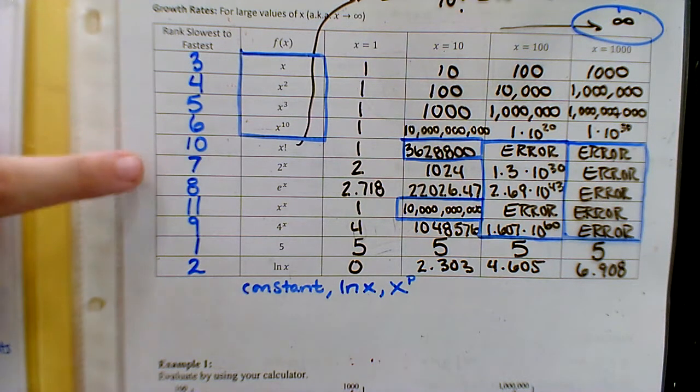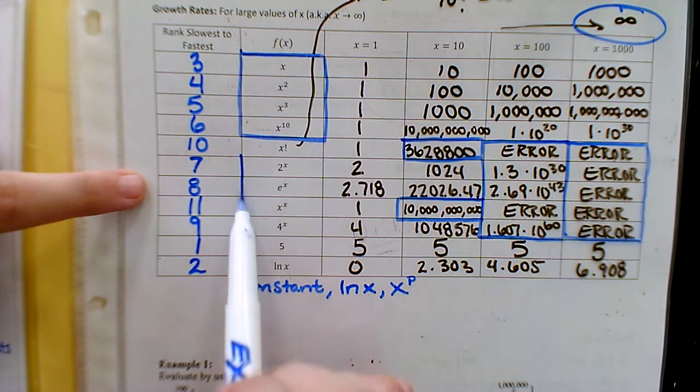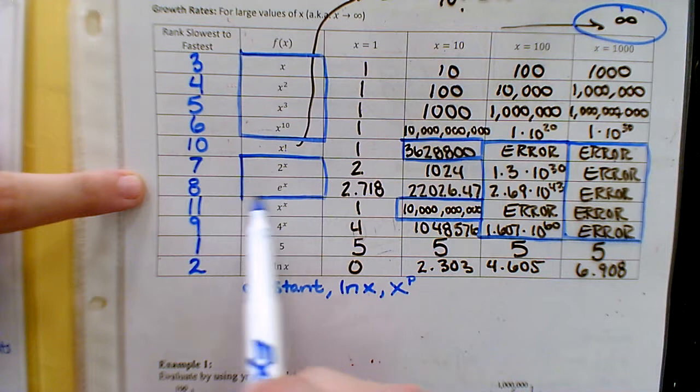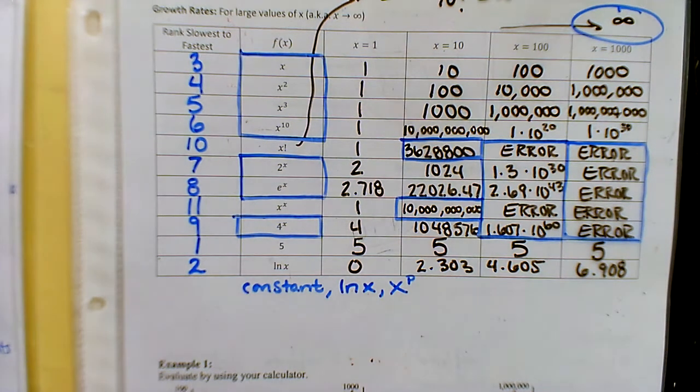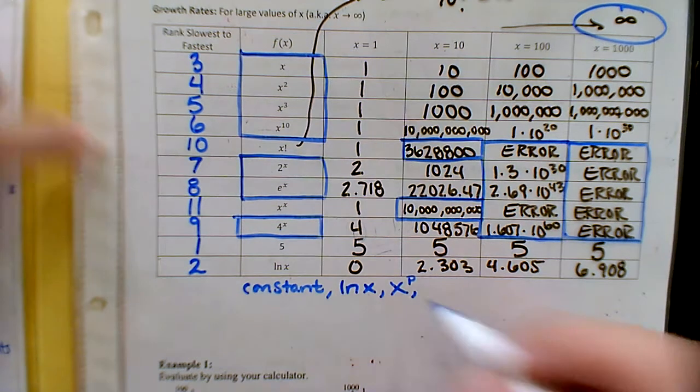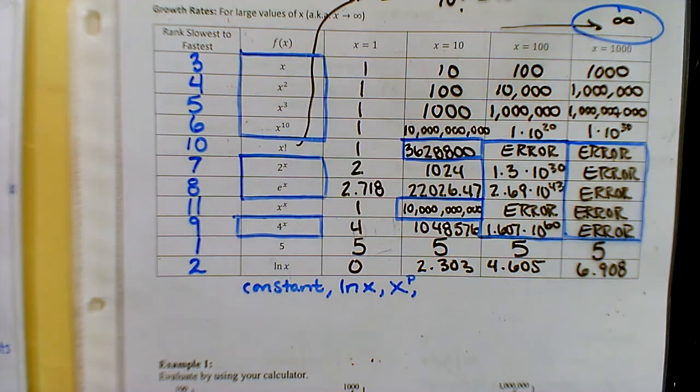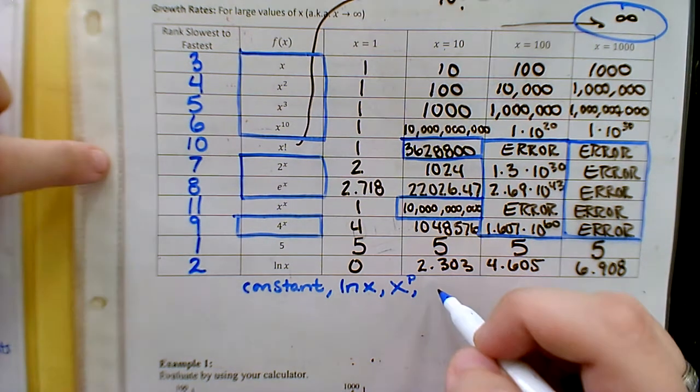All right, so then after those, we had 7, 8, and 9, which kind of all looked the same: 2 to the x, e to the x, 4 to the x. How can we classify those functions? By what name? Exponential.